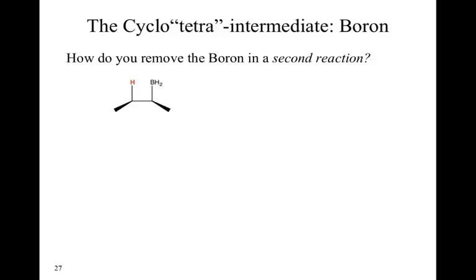Okay? We again run into an issue because we don't want boron on our compound, so we need to run a second reaction to cleave the boron off. The boron-carbon bond is relatively strong, so what we again need is something kind of fancy to get rid of it. That's where we bring in peroxide.